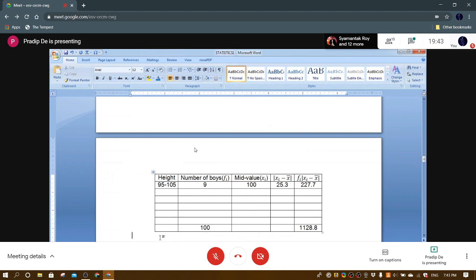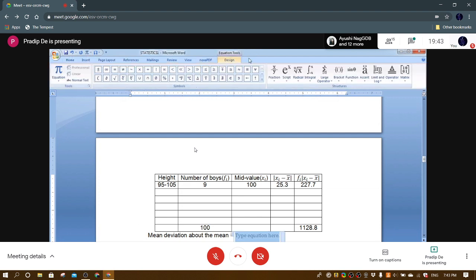So, mean deviation about the mean. All of you, please check this value because I haven't calculated these values.